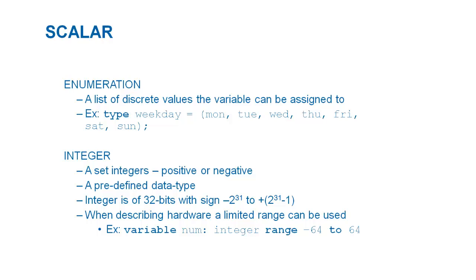By doing this ranging, the most optimal, the most efficient, or the least number of bits to represent this integer will be used. Otherwise, 32 bits will be used, and that can lead to long delays in your implementation.